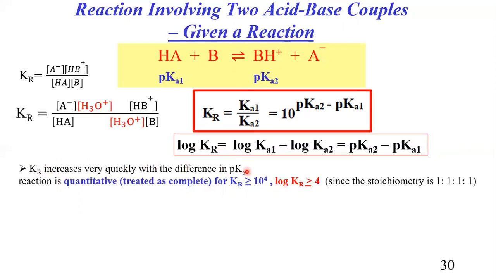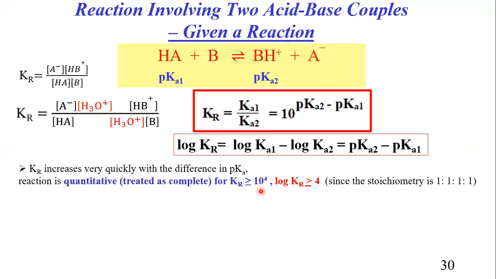The Kr, if you find it and it's greater than 10 to the 4, you already know this number. Again, this is a four species system of the type 1 to 1 to 1. And we actually derived in the first chapter, remember, Kr, if it's greater than 10 to the 4, we called it quantitative.